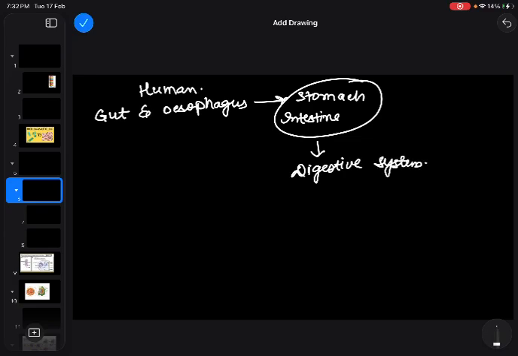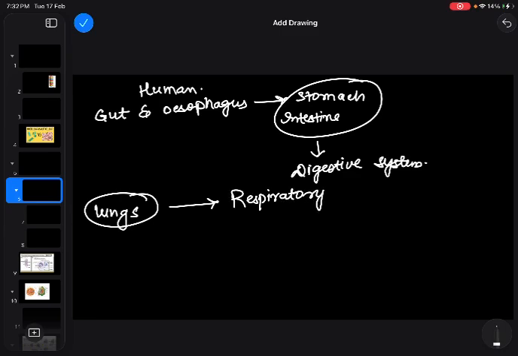And similarly, cells of the lungs come together to form lungs, and other organs of the respiratory system which forms a respiratory system. These systems with other system come together to form an organism which we are humans, which we are talking about.